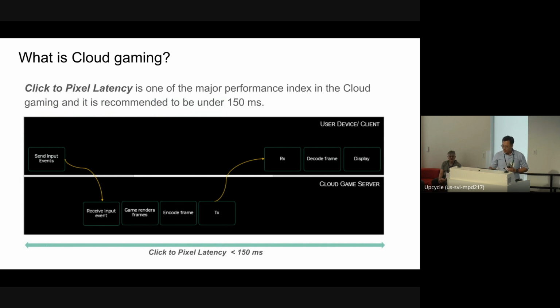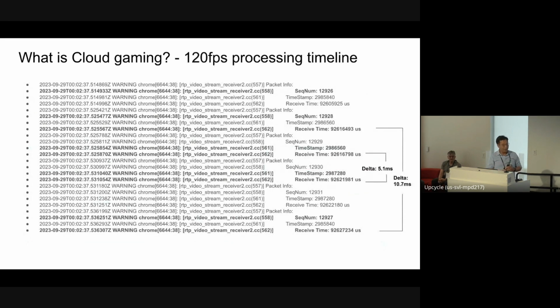So I want to share the current status. This is actual data from 4K 120 frame, from the device, where we are closely working together with the Google team. The data I want to show you is the small delta between different video frames, that is 5 milliseconds.